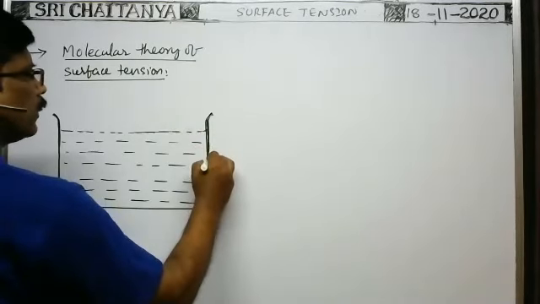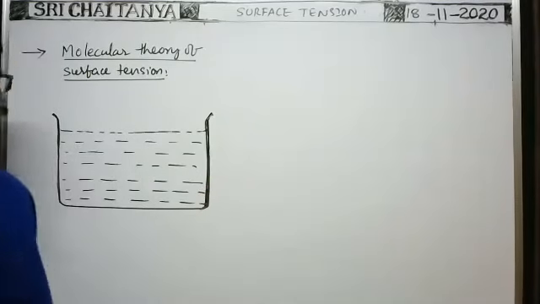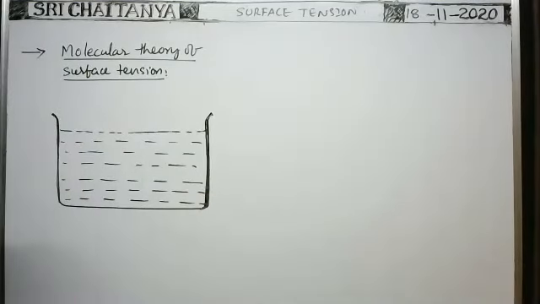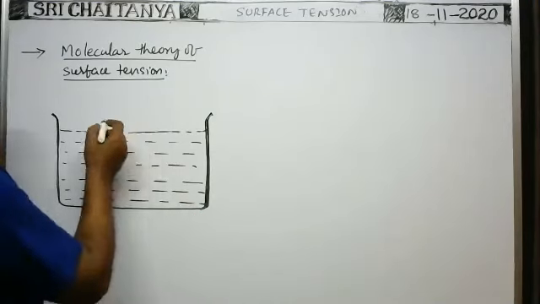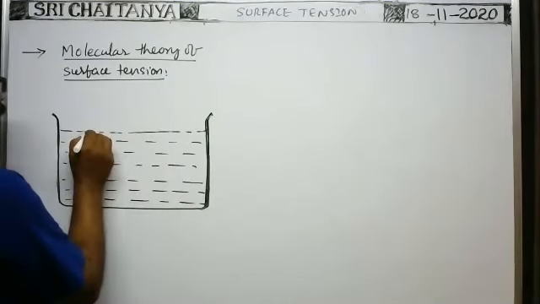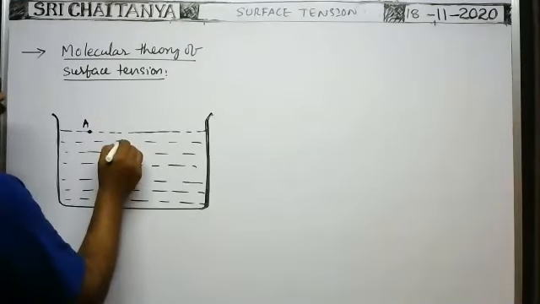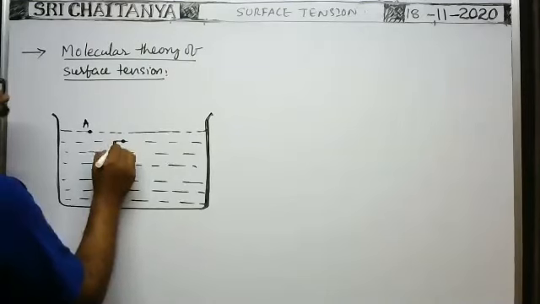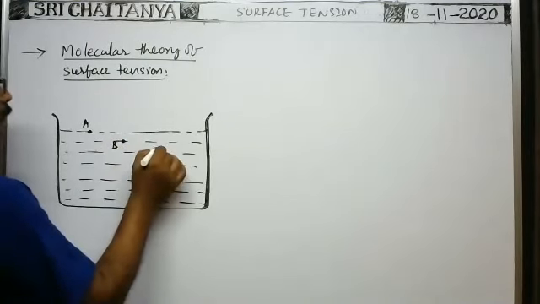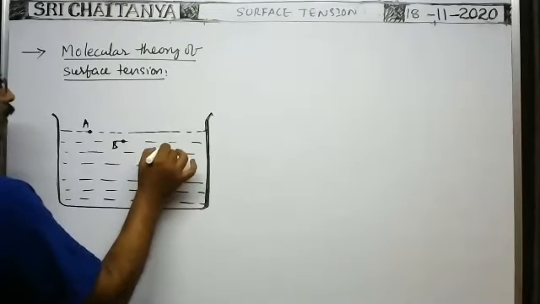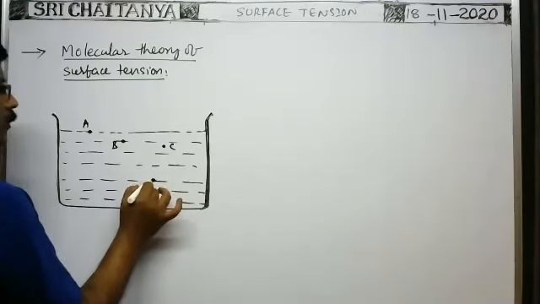Now you choose different points: on the surface of the liquid here at A, just below the surface of the liquid at B, well inside the liquid here at C, and well inside the liquid here also at D.